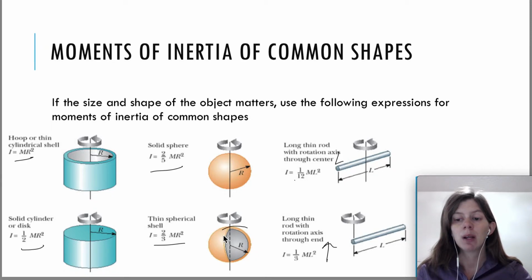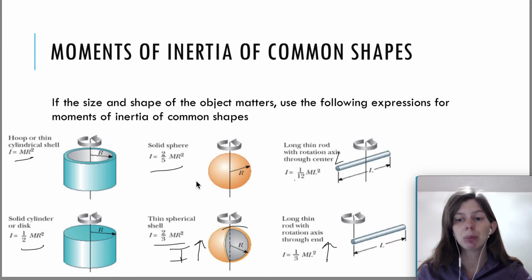So that means that the spherical shell has the greater moment of inertia. And indeed, if you look at the two expressions, 2/5 mr squared for the solid sphere, 2/3 mr squared for the spherical shell, the moment of inertia is greater for the shell, which means that it's harder to rotate.